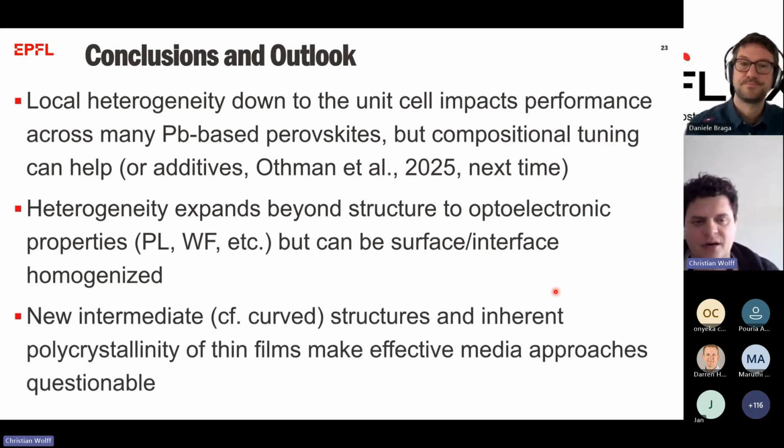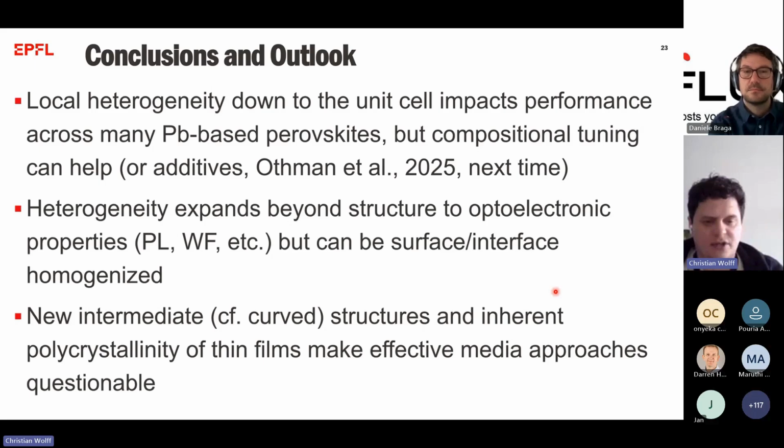And then the last part, I find these new structures that we have seen, so these curved undulated structures, very interesting. They are, I think, important because at the very least, they point towards scenarios that may happen in a production unintendedly.